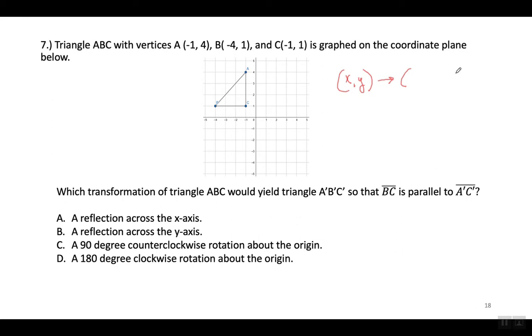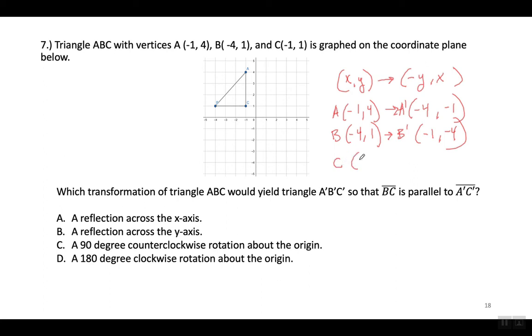The rule for a 90-degree counterclockwise rotation is that. You don't have to do this right now, okay? I'm just doing it to make my explanation more exact. A prime is going to be at -4, -1. B is going to go to -1, -4.